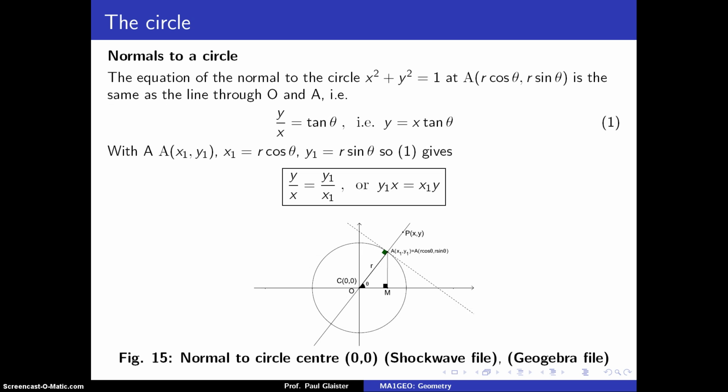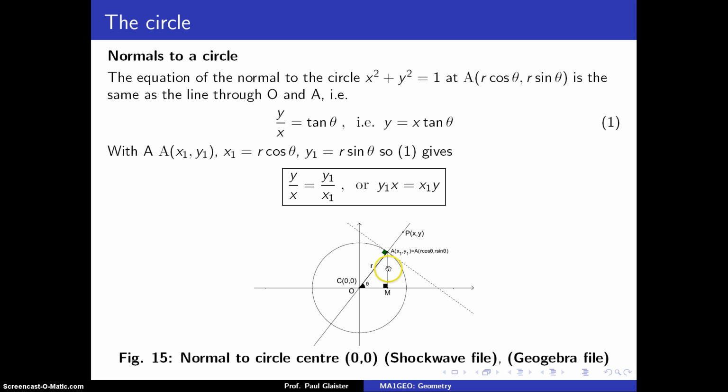Now, to determine the normal, either in parametric form or Cartesian form, for the circle that's centred on the origin, radius r, it's fairly straightforward, because we've already determined what the gradient of the normal is. We use the gradient of the normal, which would have been a radius, in order to determine the gradient of the tangent.